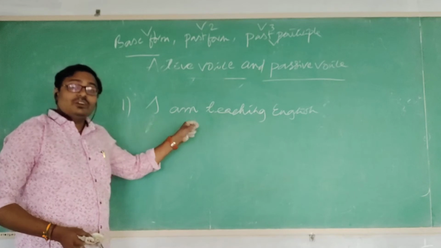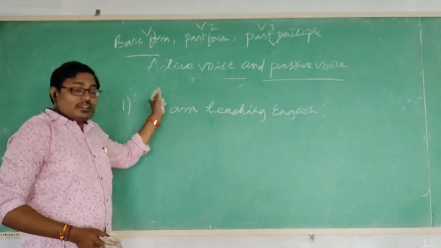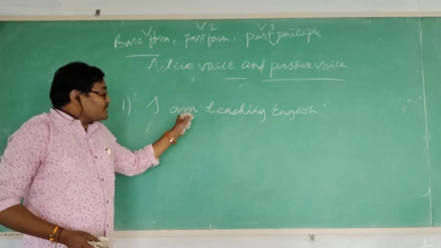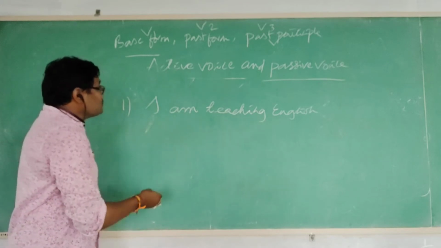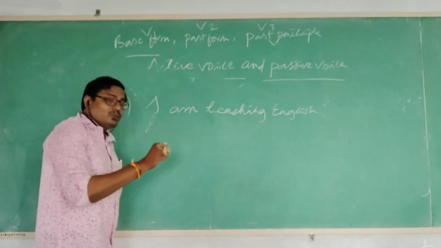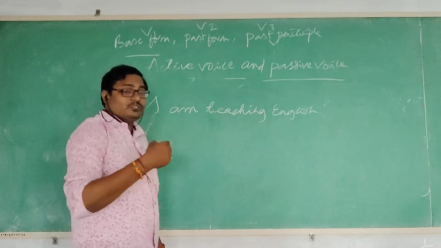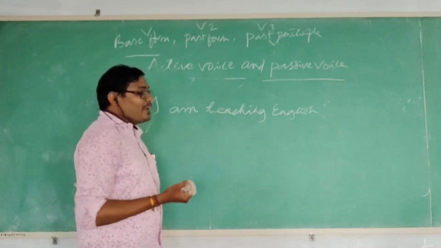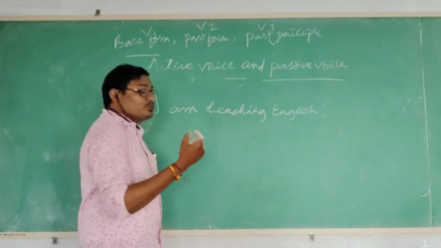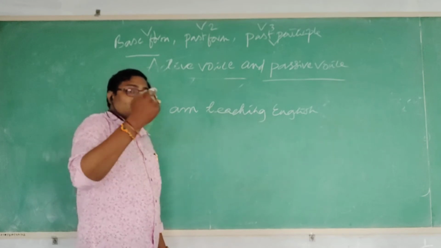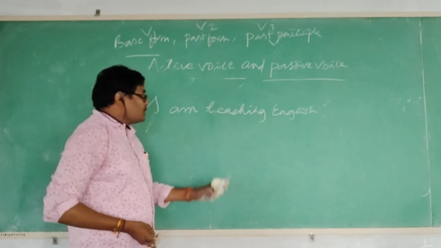If an action is going on at the time of speaking, that action is in present continuous tense. Here, I am teaching English. If you want to convert this sentence into passive voice, we have to apply the same rule as we already used in our previous sentences.